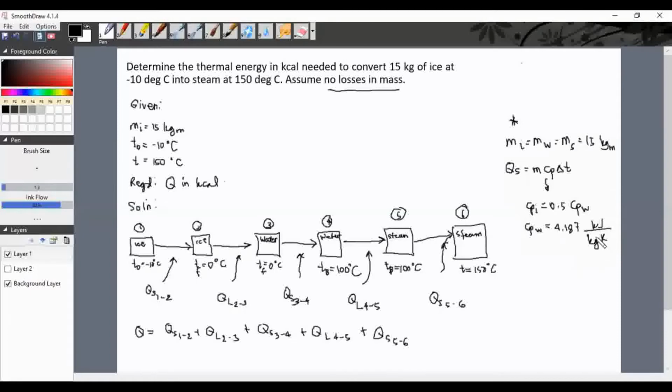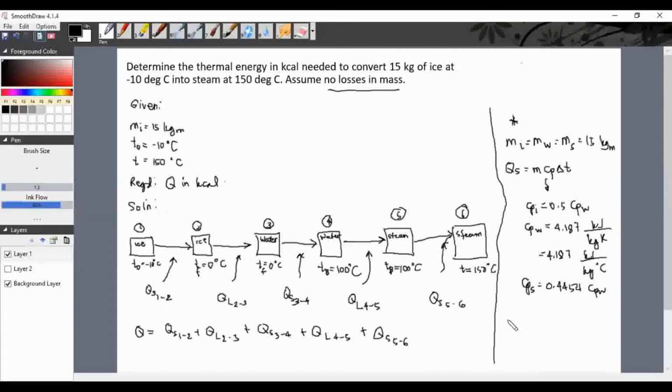Pwede rin kilojoules per kilogram degrees Celsius. Pwede rin yan, ha? 4.187 kilojoules per kilogram degrees Celsius. So, equal lang yan kasi change naman yan eh. Next, we have to find the CP of steam. So, that is approximately 0.4454 of CP of water. Okay?